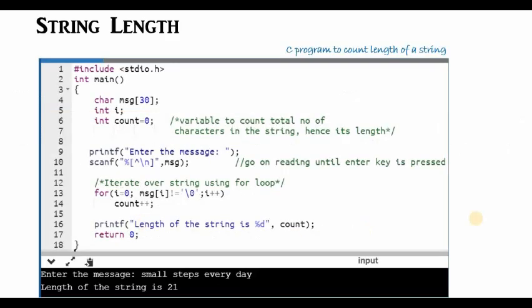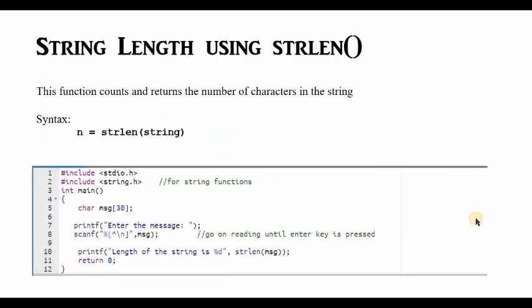You can get the same functionality by a ready-made function available in the string library called strlen. The string library can be included in our program by including the string.h header file. Once I include the string.h header file, all the functions available in the string library are accessible to my program.